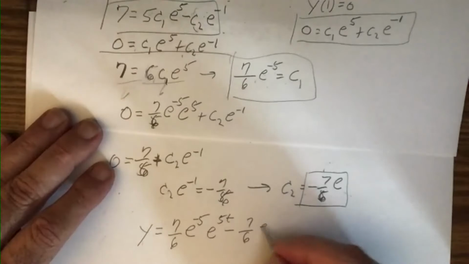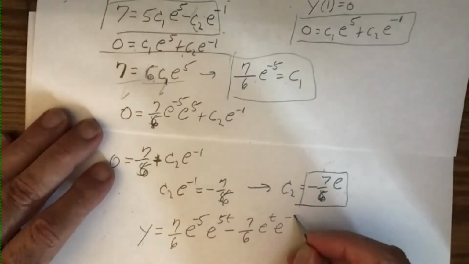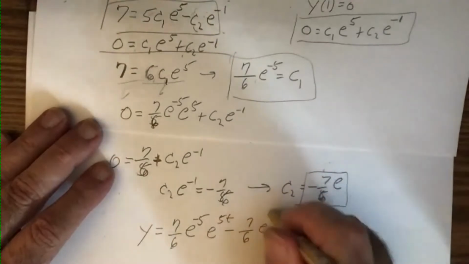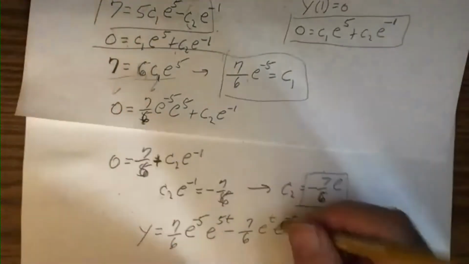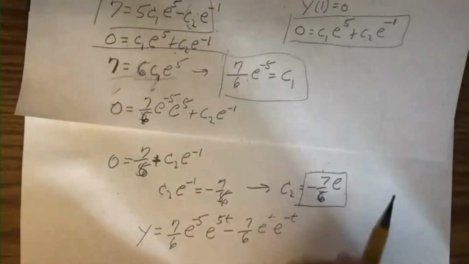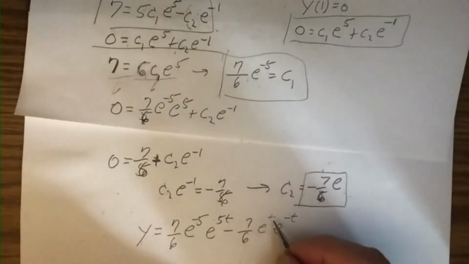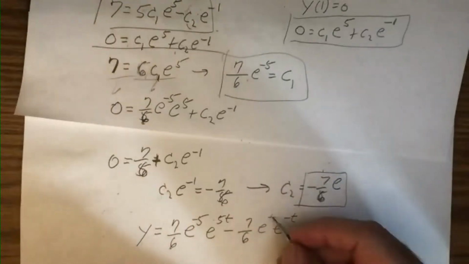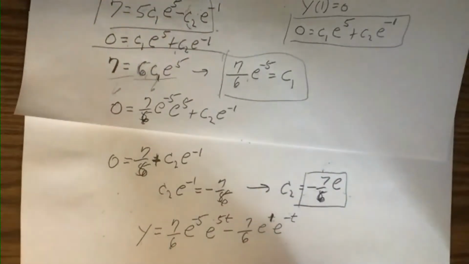And then this is going to be e to the t, e to the minus 1. No, this is e to the minus t. And this is just e, right? This is my C2. So this is just e, or I can write it as 1. I guess I might have written it as 1.